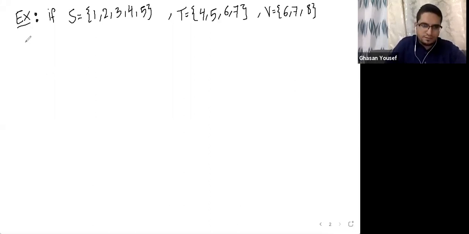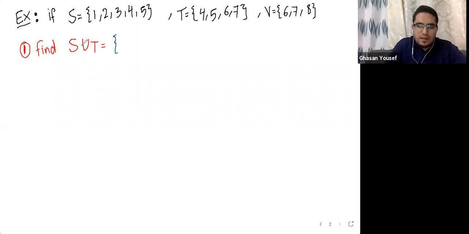The question is, find the value of S, I mean the set of S union T. So to find the value in the set of S union T, it's supposed to be all elements in the set S or the elements of the set T or both of them.